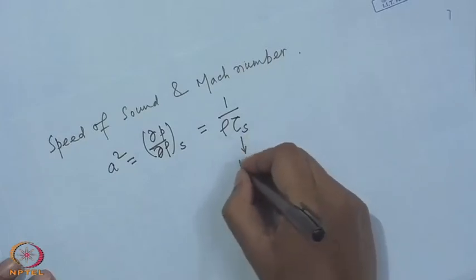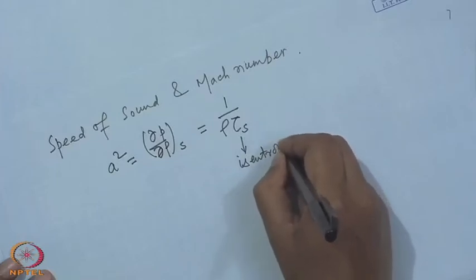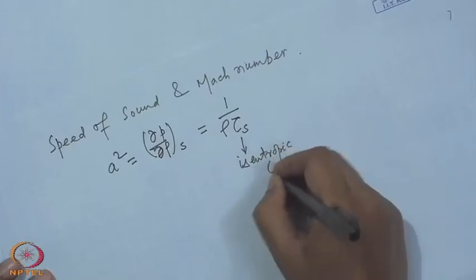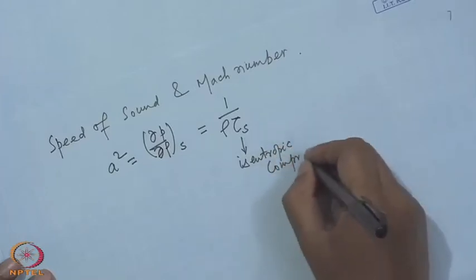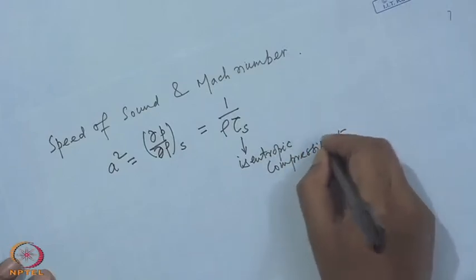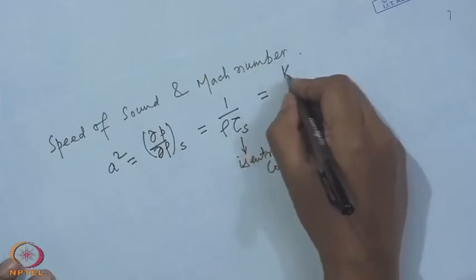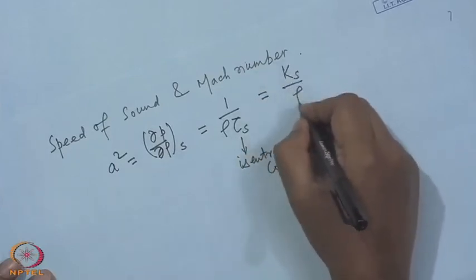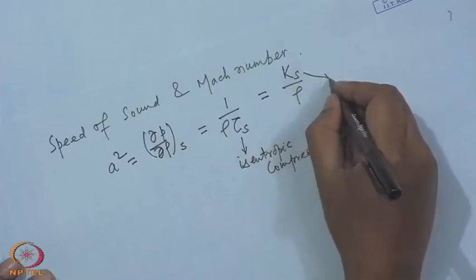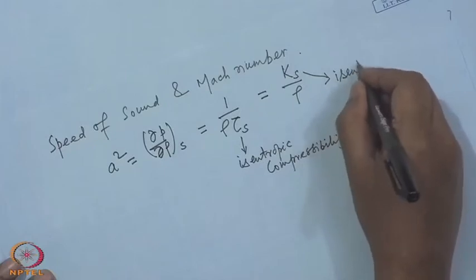The isentropic compressibility can also be written as Ks by rho, where Ks is the isentropic bulk modulus.